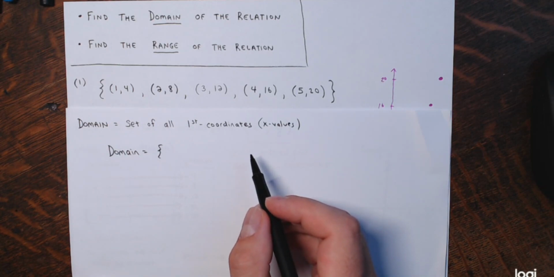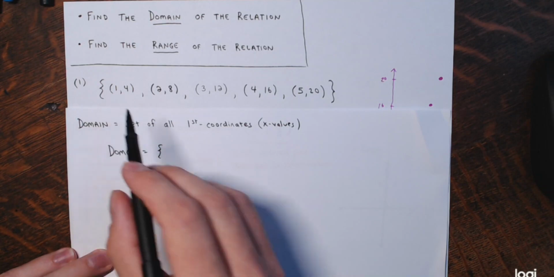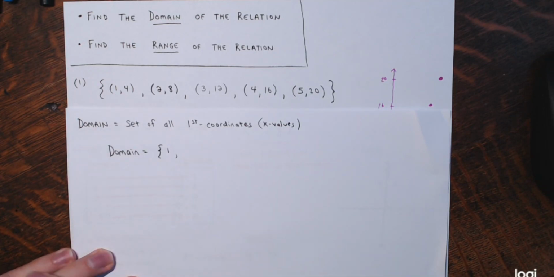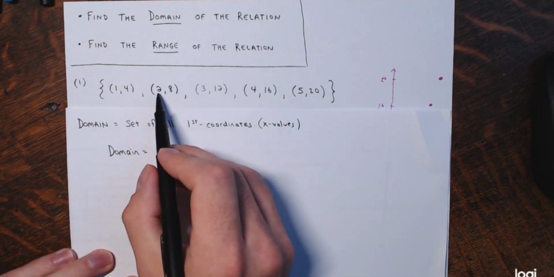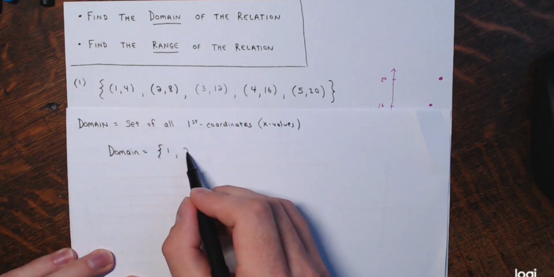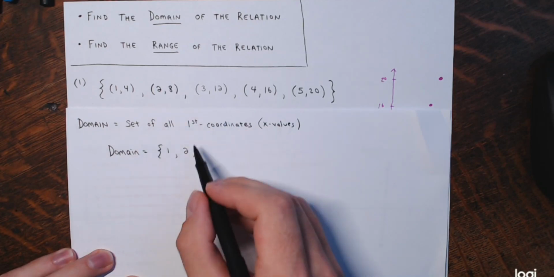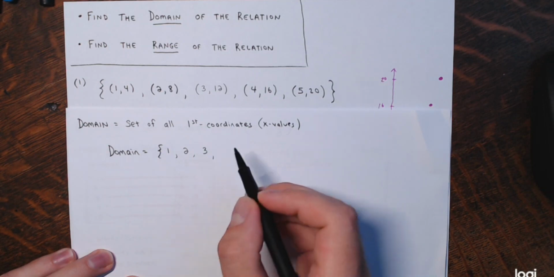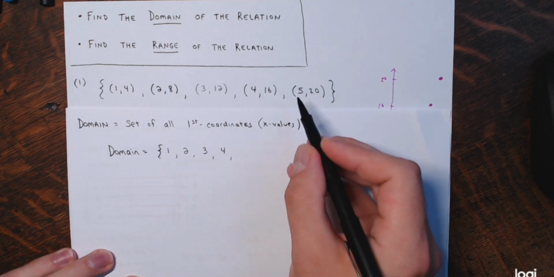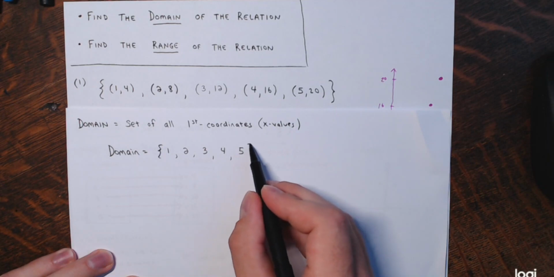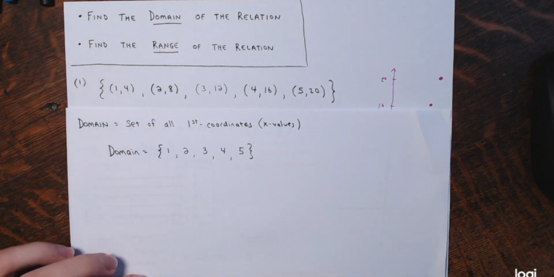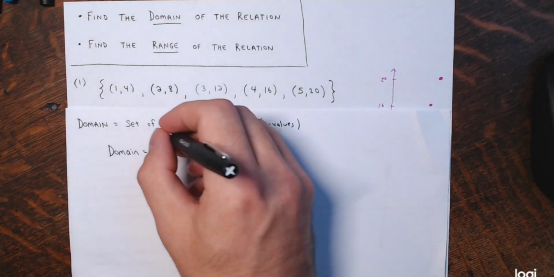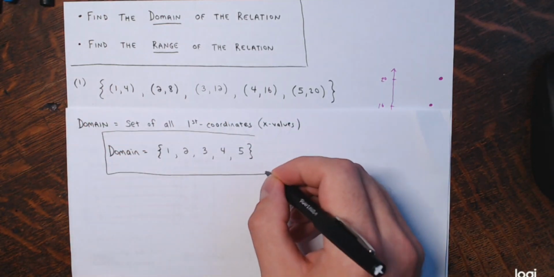And don't repeat anything. If there are repeats, there's no need to write them again. So we have 1 in that first ordered pair, so 1 is in the domain. 2 is the x coordinate of the second ordered pair, so 2 is in the domain, comma, then 3, 4, and 5. And that's it. And there's the domain of this relation. I'll put that in a box because that's part 1 of what's being asked for.